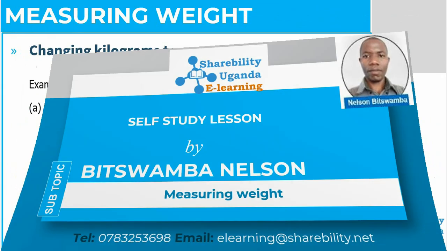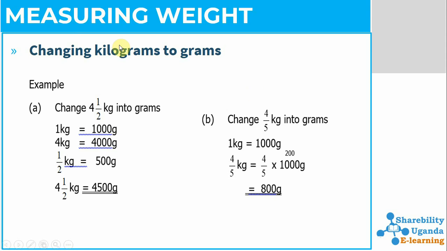Let's get started. As I said earlier, in measuring weights we shall look at kilograms and also grams. This is the key concept when you want to understand kilograms and grams, or weight.